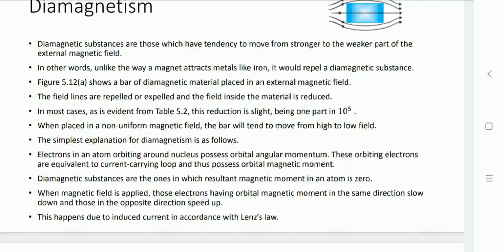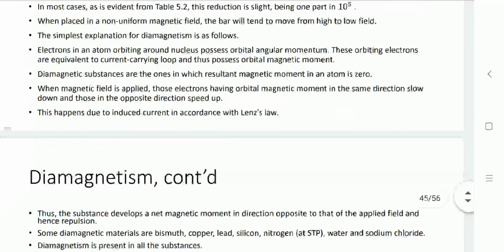While the external magnetic field is provided, the electrons moving in the same direction as the magnetic field have their movement slowed down, and the electrons moving in the opposite direction of the applied magnetic field have their magnetic moment increased. So this is how the reverse phenomenon is generated. This is available due to the induced current due to Lenz's law. So this phenomenon is available in diamagnetism.